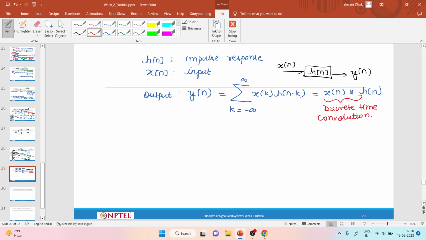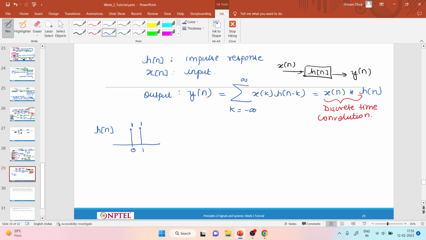Now any discrete time signal or system can be represented using a sequence. If my h of n is something like this, let's say at 0 it takes value 1, and at 1 again it takes value 1.